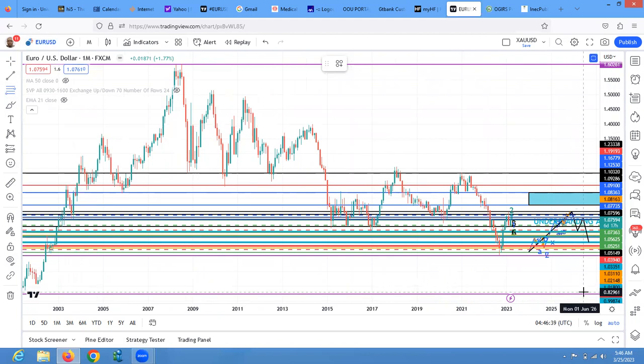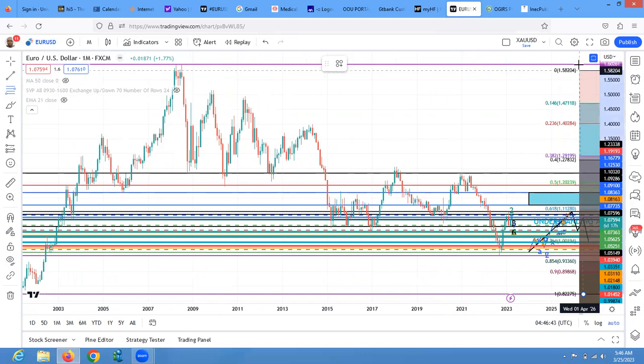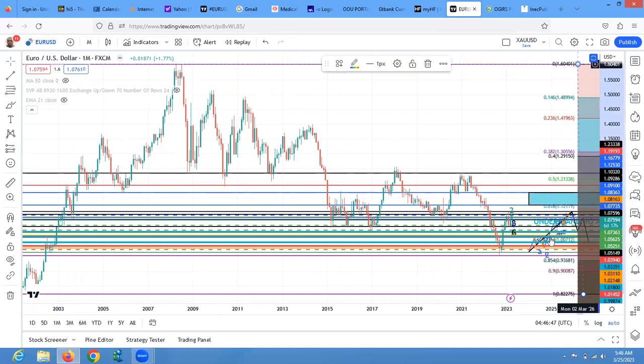How much of correction did we do to the downside on the grand cycle? We got to just around 85, close to 85 before this movement.